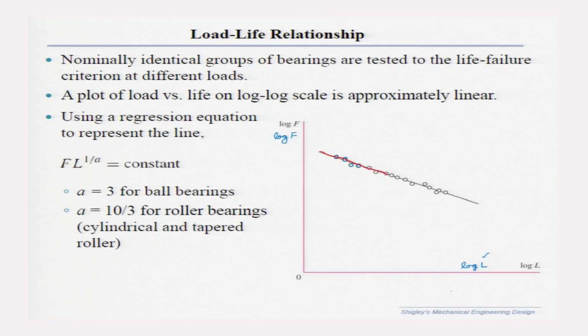The regression equation gives the relationship between the load and the life, and that is F multiplied by L to the power 1 upon a is equal to constant, where a is 3 for the ball bearings and a is equal to 10 by 3 for roller bearings, cylindrical and tapered roller.